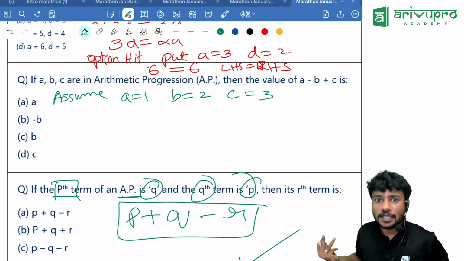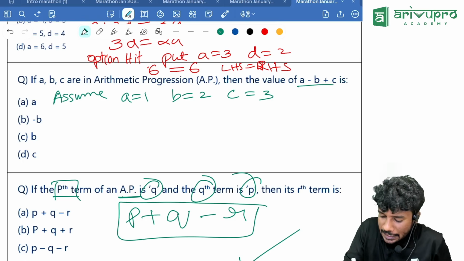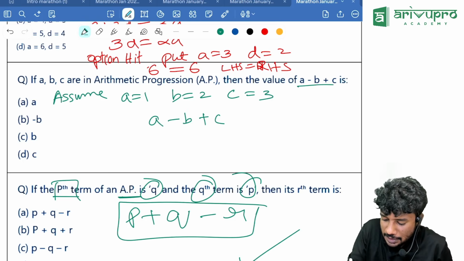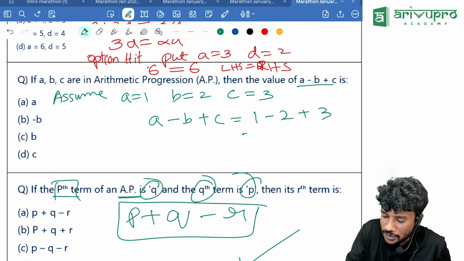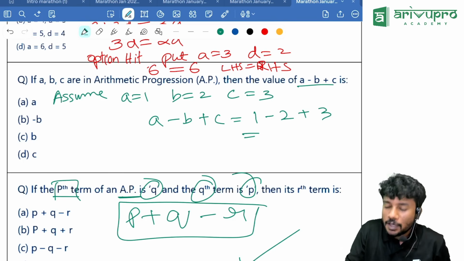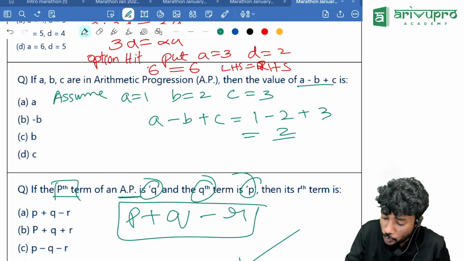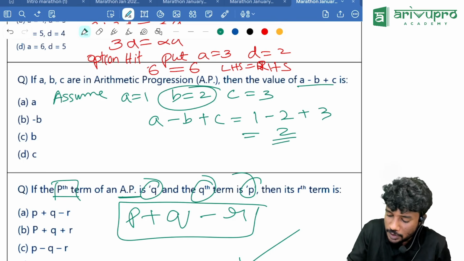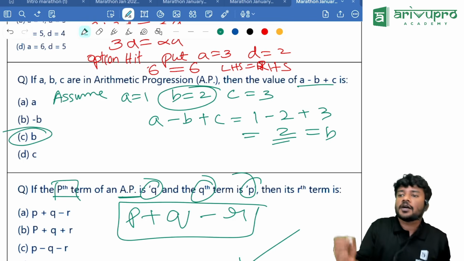Is that correct? Yes. That means A minus B plus C can be written as 1 minus 2 plus 3, which is equal to 2. That means 2 is B, which is equal to B. So the answer is Option C.